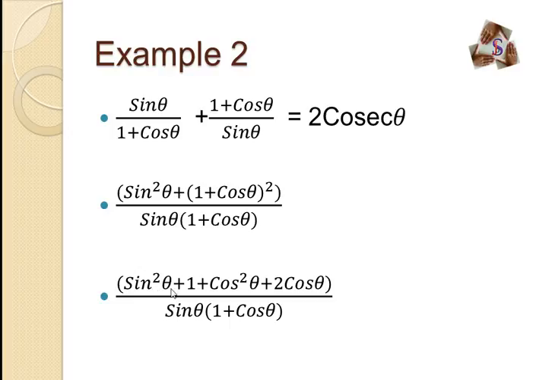Applying the algebraic identity for a plus b whole square, that's a square plus b square plus 2ab, it becomes sin square theta plus 1 plus cos square theta plus 2 cos theta, whole divided by sin theta into 1 plus cos theta.